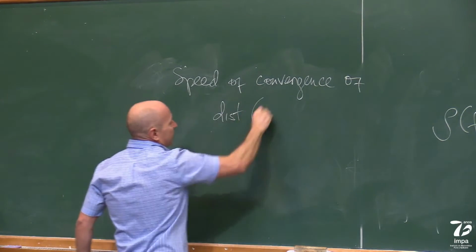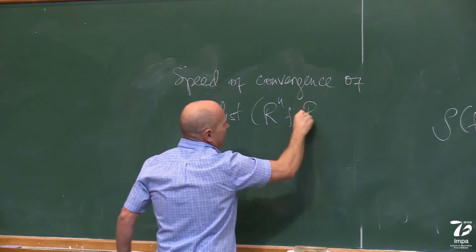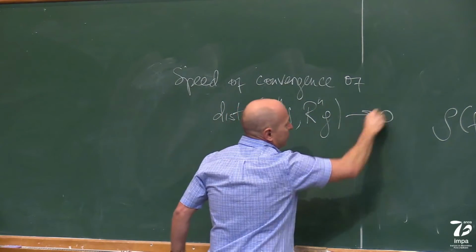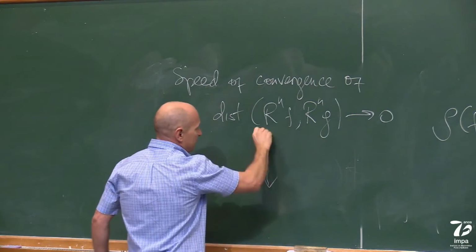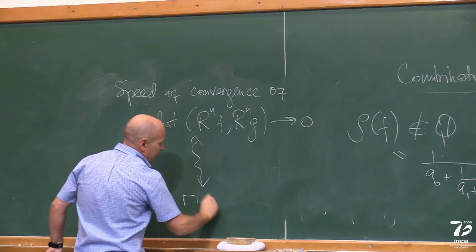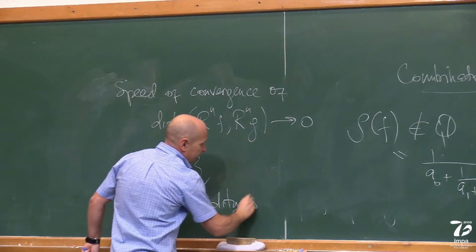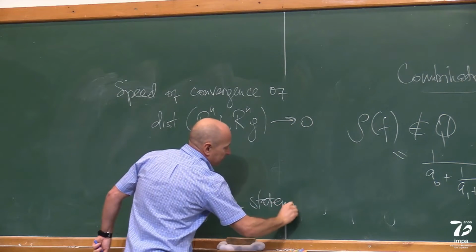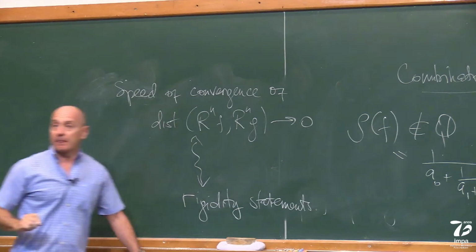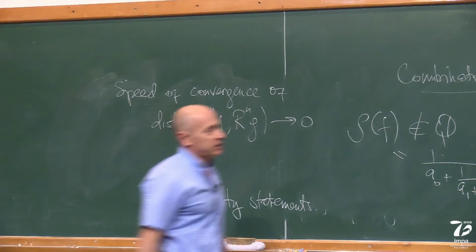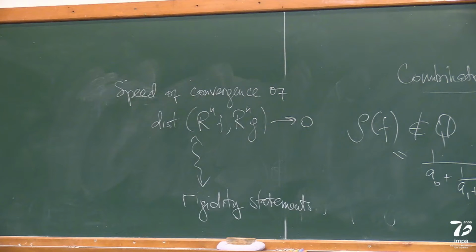Distance between R^n f and R^n g to 0 corresponds to rigidity. Okay, good. So I think I've made the definitions I wanted.